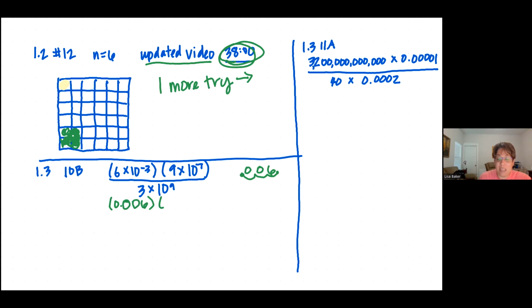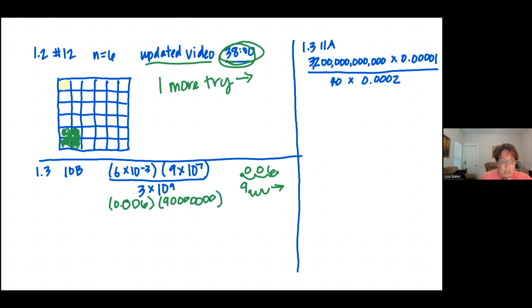Now, 9 times 10 to the 7th. That is a very big number. That's 9 with 7 zeros, because here's your decimal point, and you're going to move it out 7 times: 1, 2, 3, 4, 5, 6, 7.